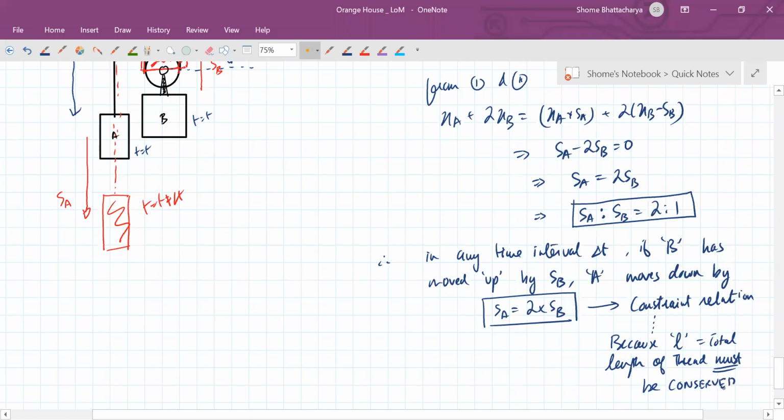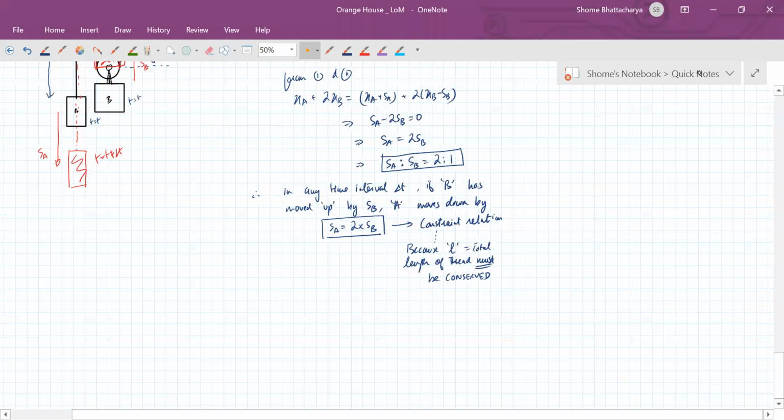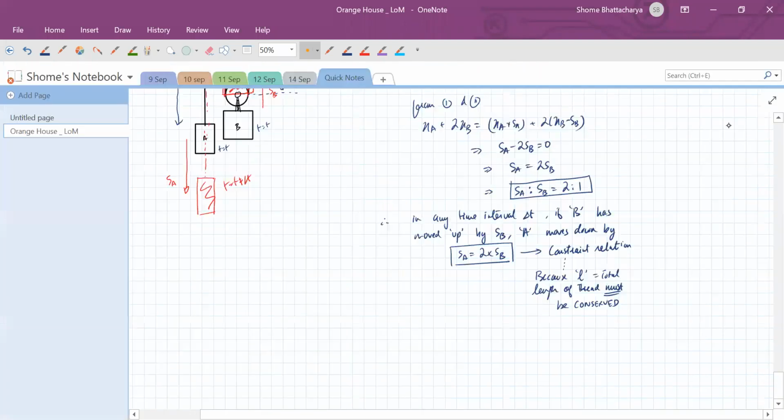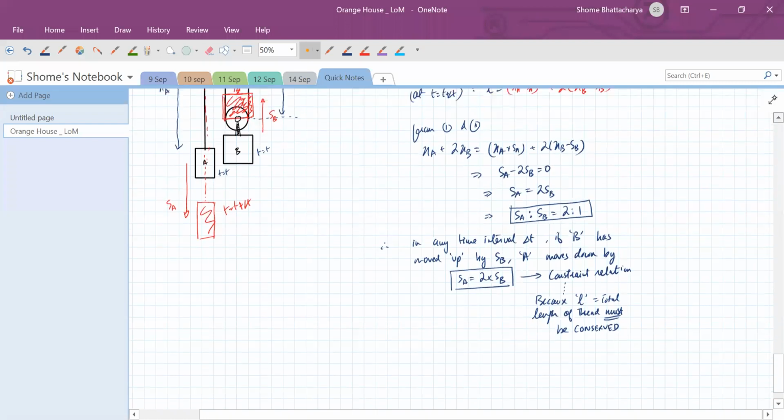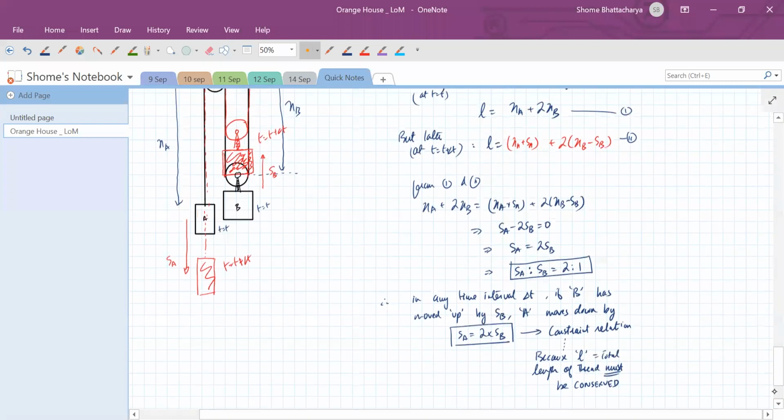My thread length cannot increase or decrease. So that is the foundation, or that is the constraint that the system is following over here. Okay. You're understanding the point. So this is the thing.